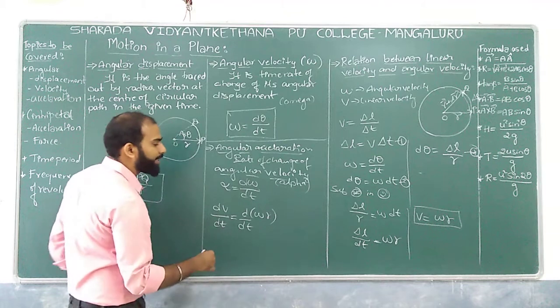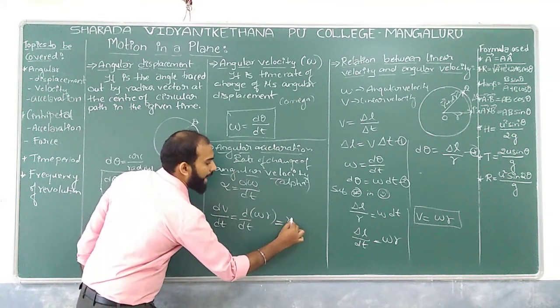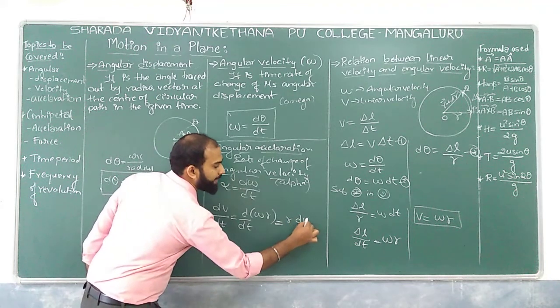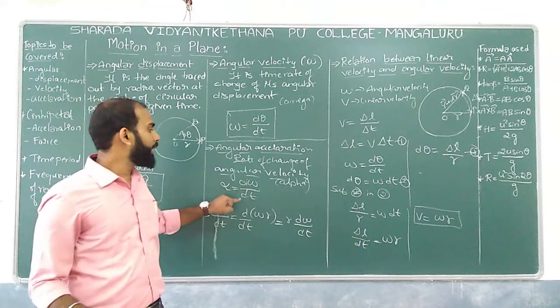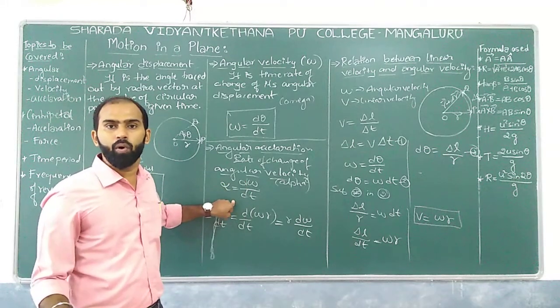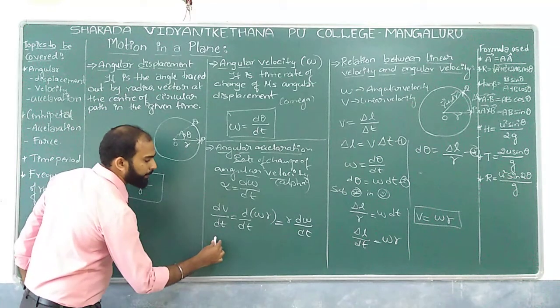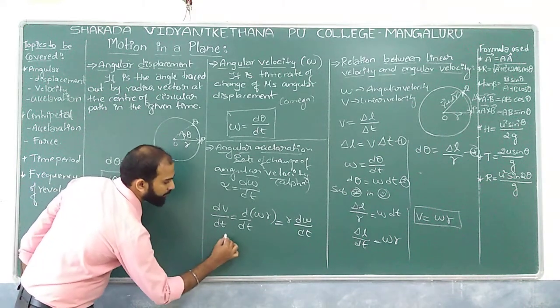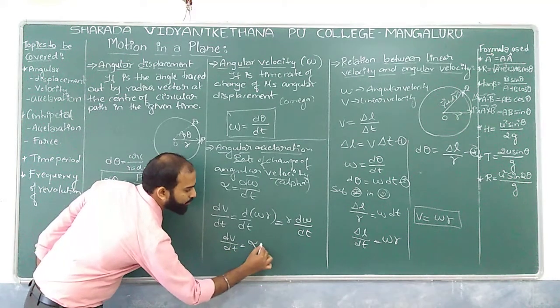So what I can write is R into d omega divided by dt. But we know d omega by dt can be replaced by alpha. So altogether, dv divided by dt is equal to alpha into R.